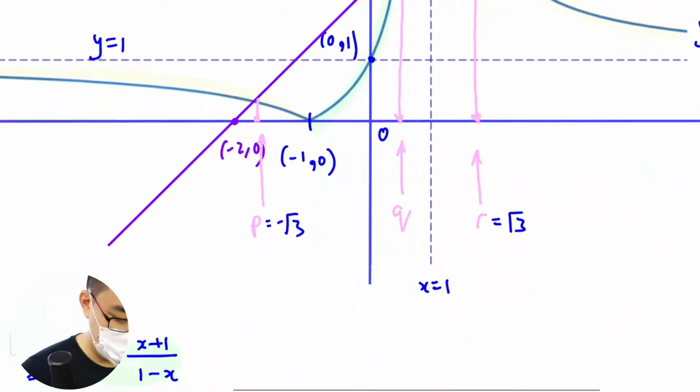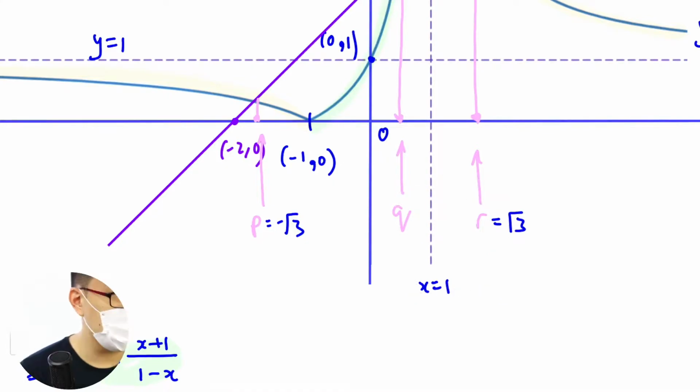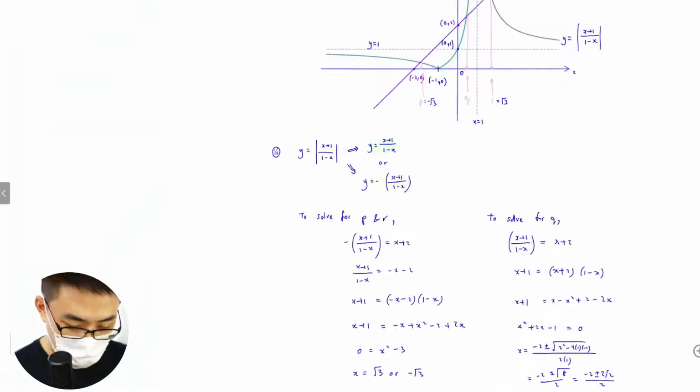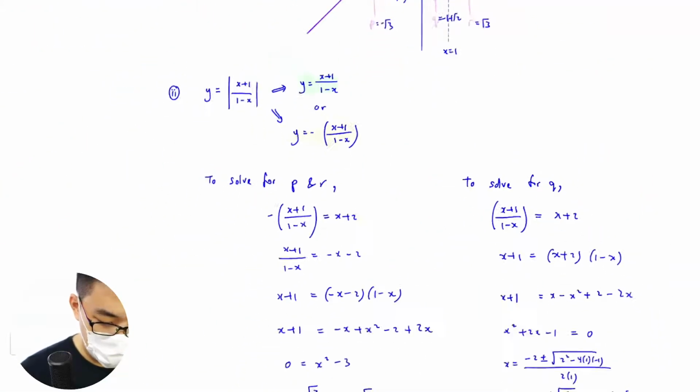This is minus 1 plus root 2. So there you go.